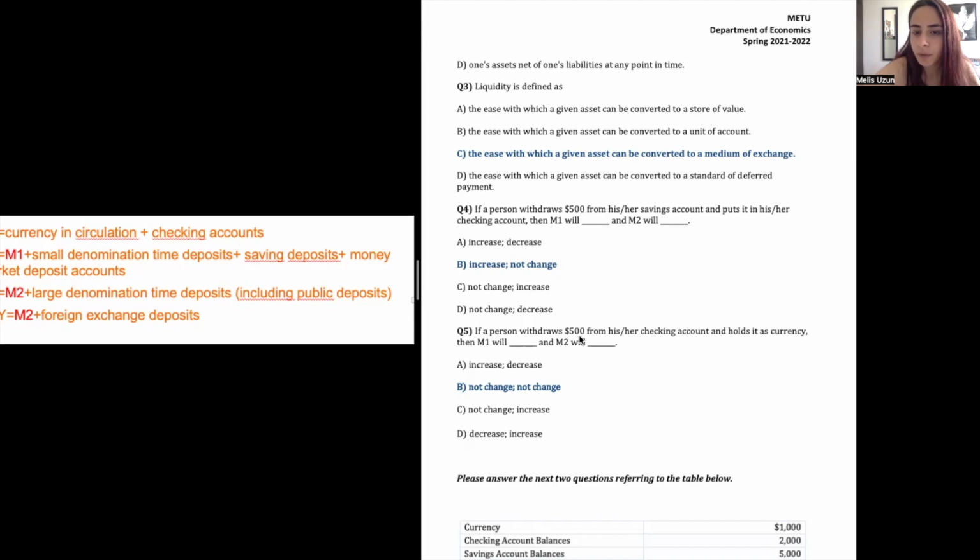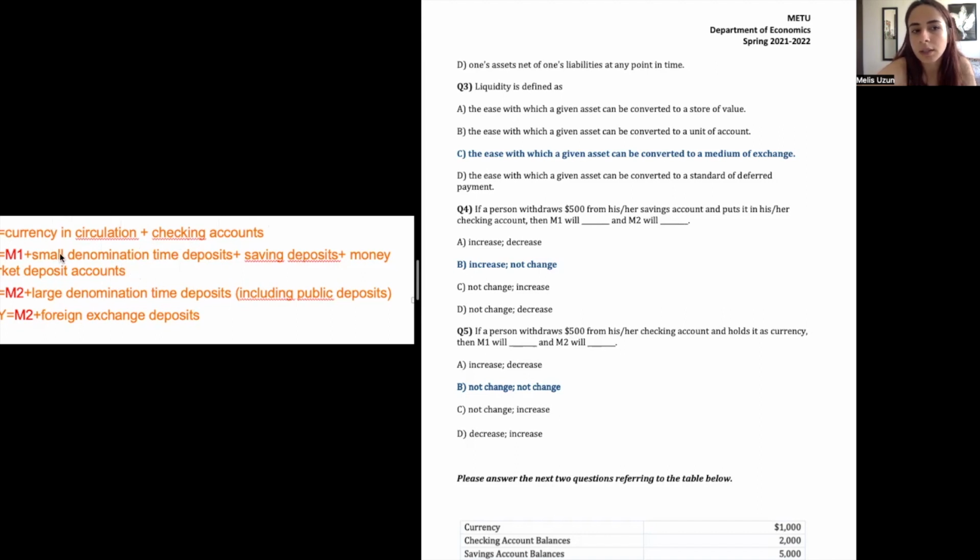Now if a person withdraws $500 from his or her checking account and holds it as currency, M1 and M2 also consist of currency in circulation. So if this person withdraws this money from the checking account and holds it as currency, checking account is minus 500 and currency in circulation is plus 500, and M2 is equal to M1 plus the other deposits.